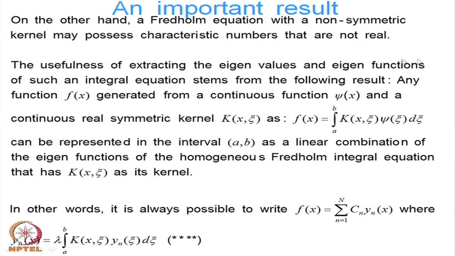That means any arbitrary vector of dimension n I can represent as a linear combination of those eigenvectors. So, similarly here, any arbitrary function f of x which I obtain like this, I can represent as a linear combination of my eigenfunctions y_n of x. Very important, but very similar to what happens in a linear system.